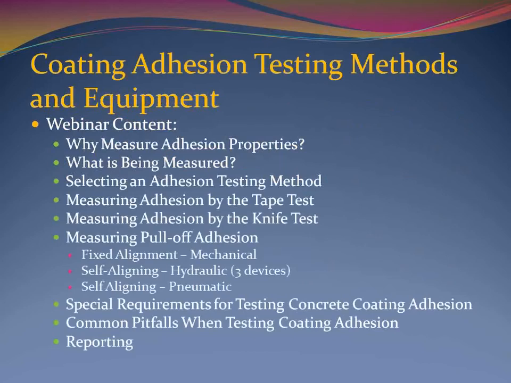During this webinar, we'll be discussing a variety of topics related to adhesion testing of coatings on metallic surfaces, including why the adhesion of coatings and lining systems is assessed, what property of a coating is being measured when it is being evaluated for adhesion, how to select an adhesion testing method, how to measure the adhesion of coatings using the tape and knife tests, how to measure the pull-off or tensile strength of a coating system using 5 different testing instruments, some common pitfalls associated with performing adhesion evaluations, and finally, specific items to be reported when conducting an adhesion test.